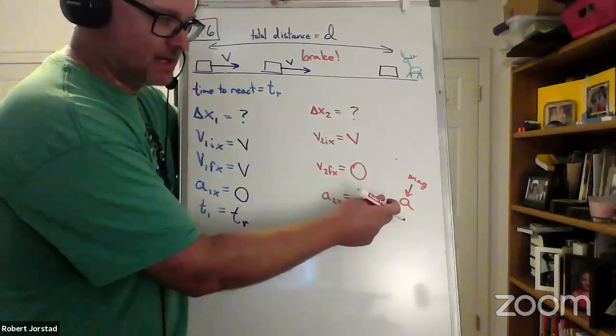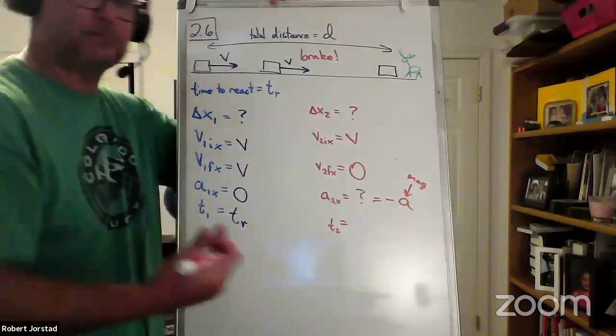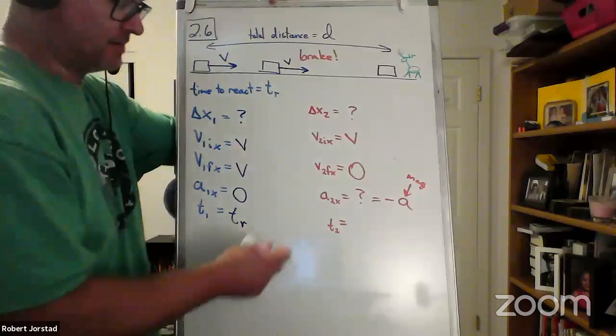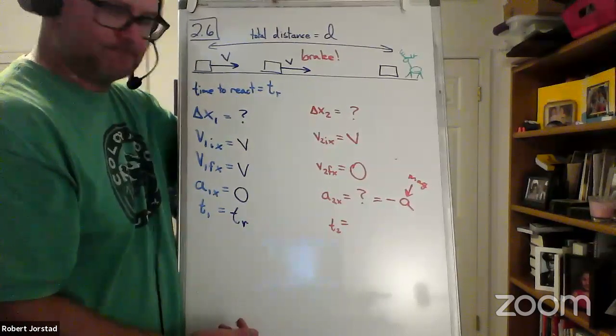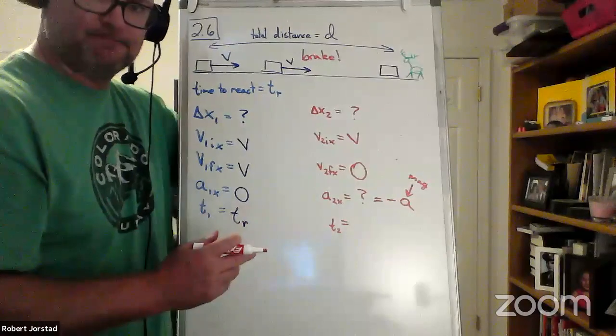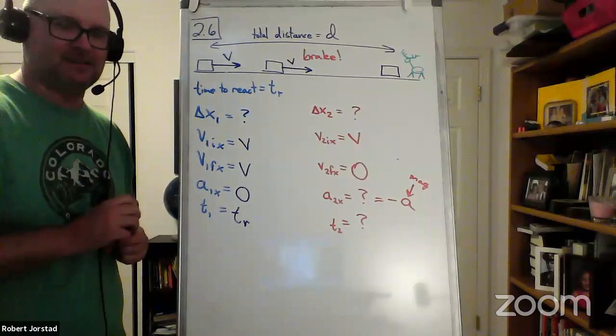We expect it should be a negative number, and it's going to have some magnitude A. Good. Do I know time 2? T minus TR? Do I know T? Do I know the total time? Nope.